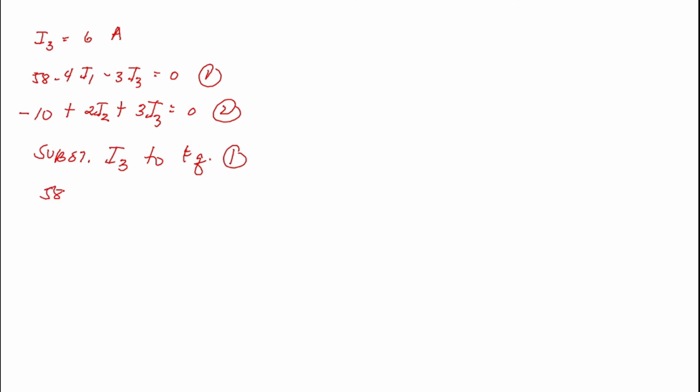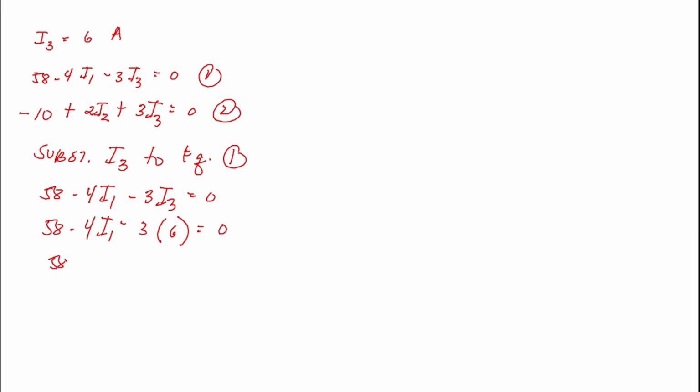So, 58 minus 4I1 minus 3I3 is equals to 0. Substitute. So, 58 minus 4I1 minus 3 times 6 is equals to 0.